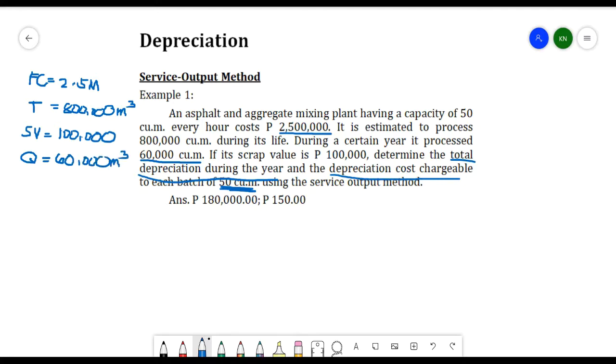So now we can already find the total depreciation, that is DM at that year.